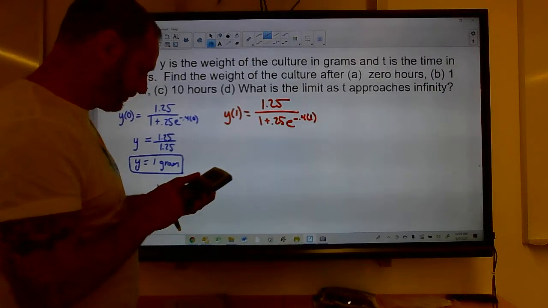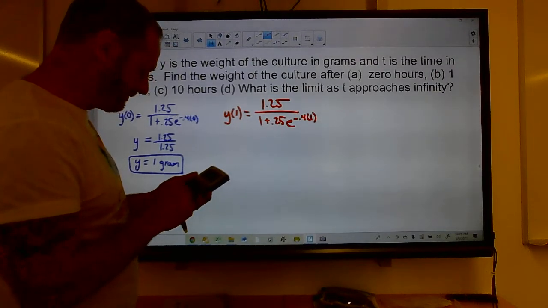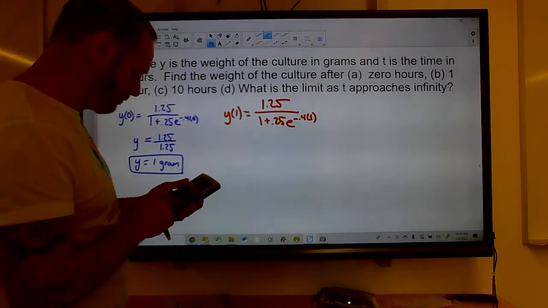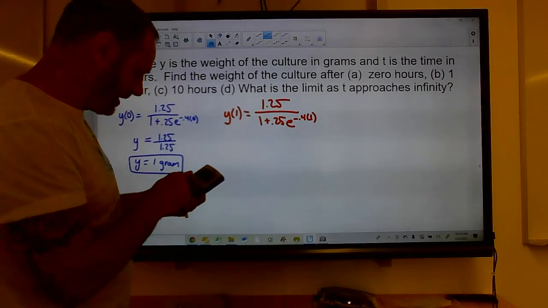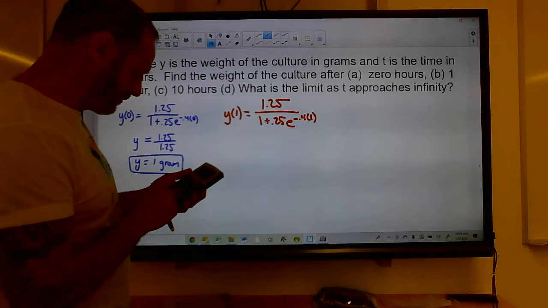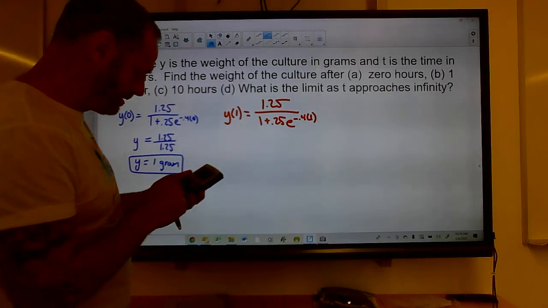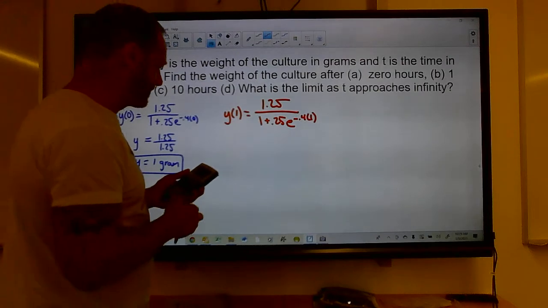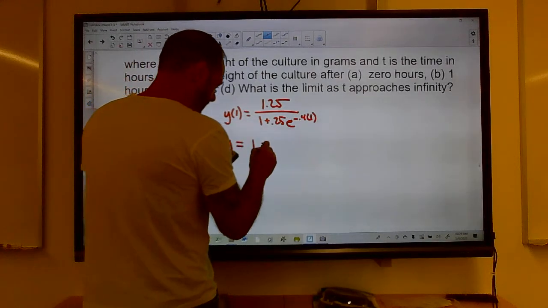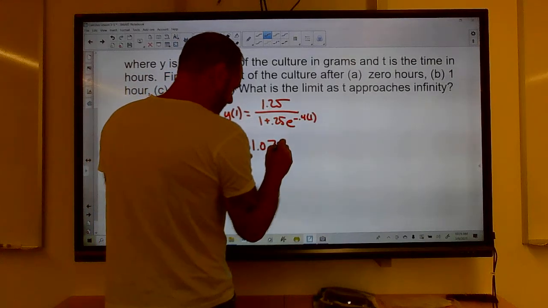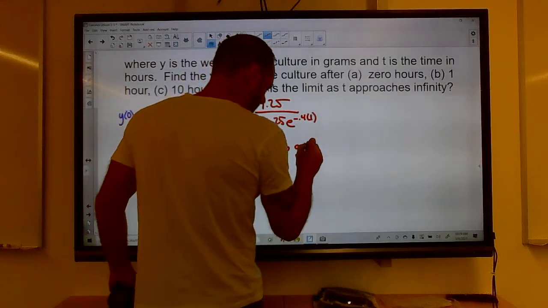So 1.25 divided by, open parentheses, 1 plus 0.25 e to the negative 0.4 power, and then we'll close the parentheses, and that comes out to 1.0706 grams. So this grew a little bit.